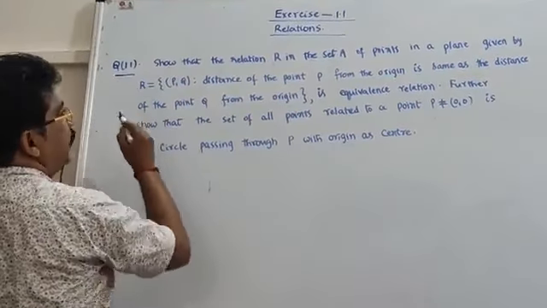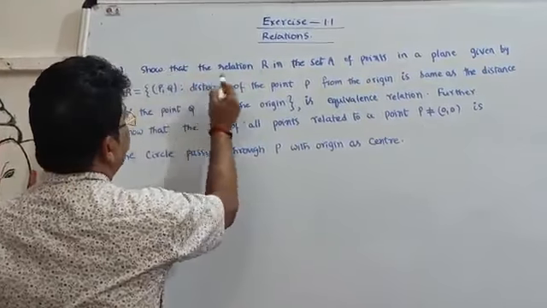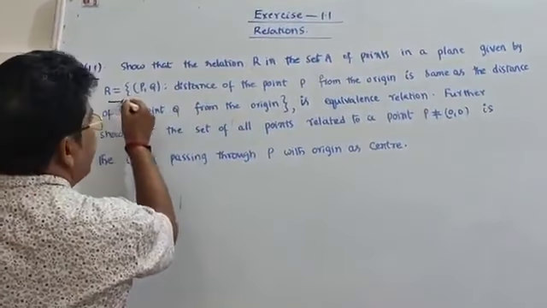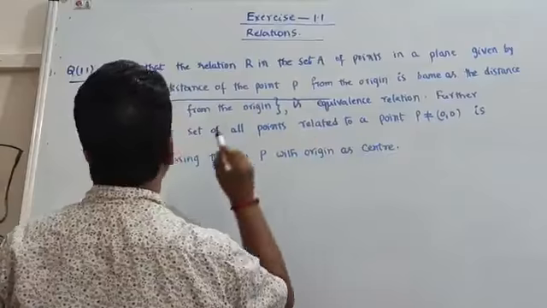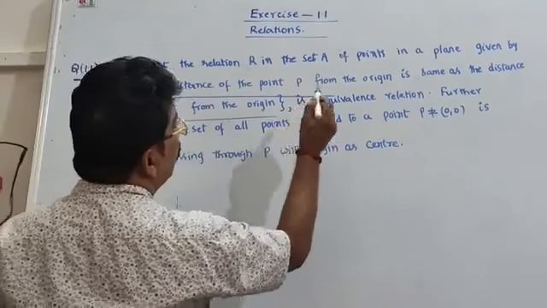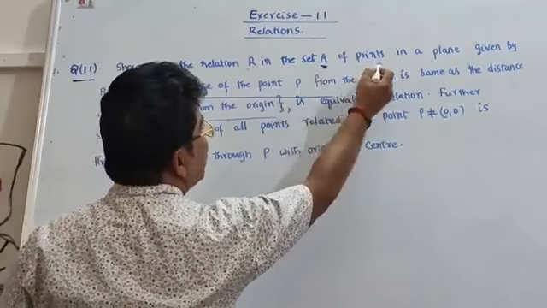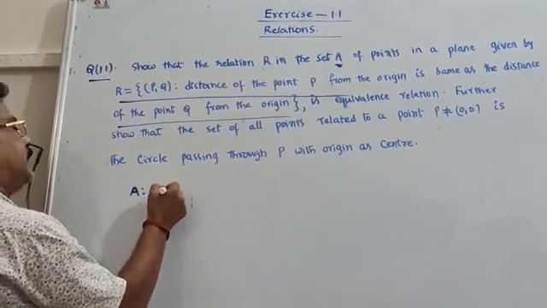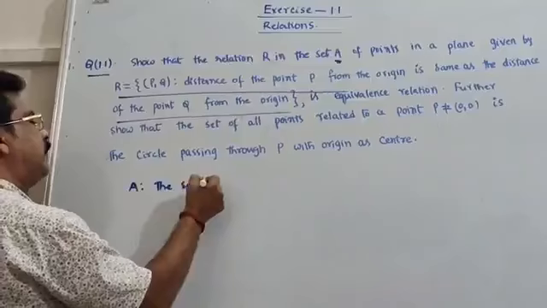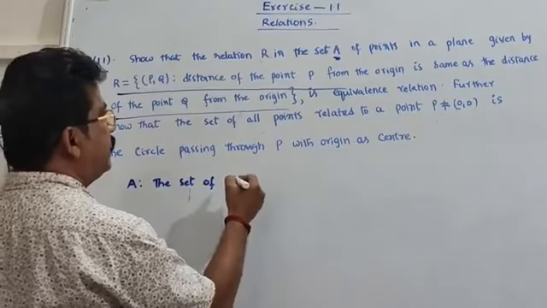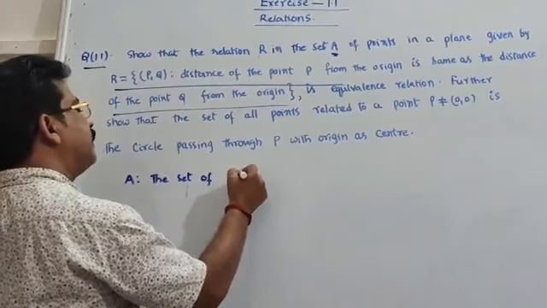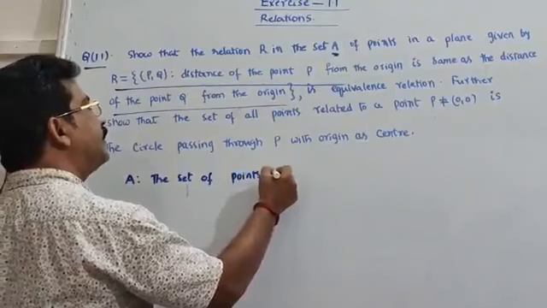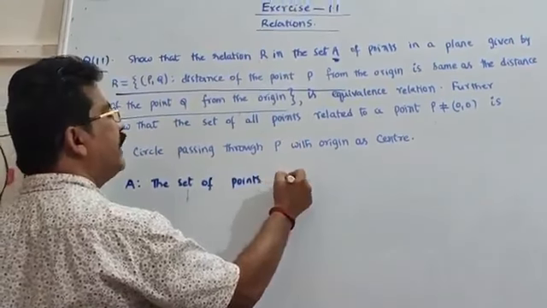Question number 11. Capital R relation is defined like that, and the main set capital A is the set of all points in a given plane.